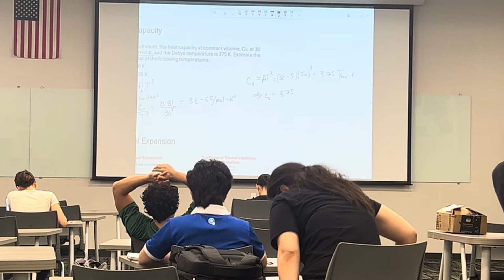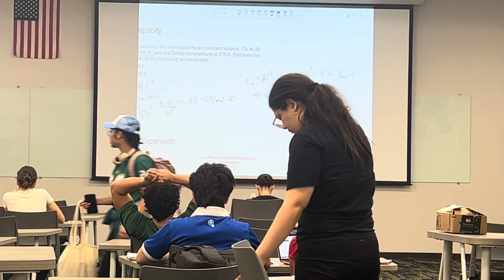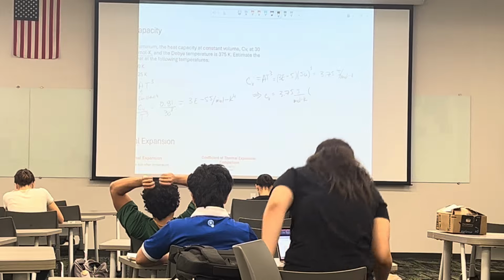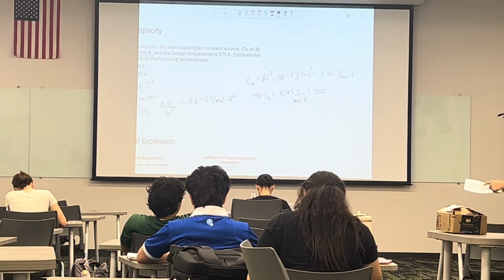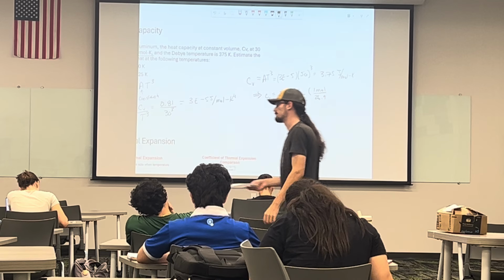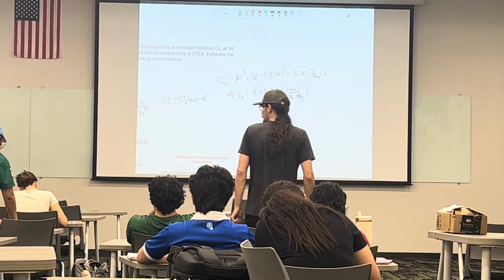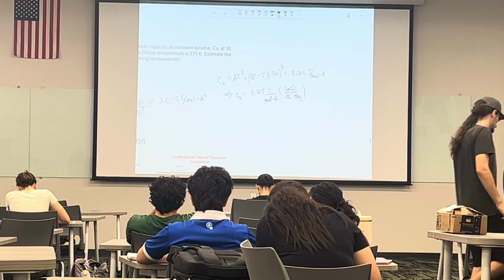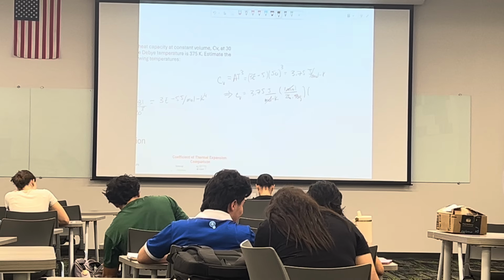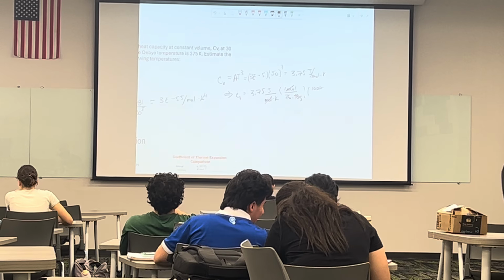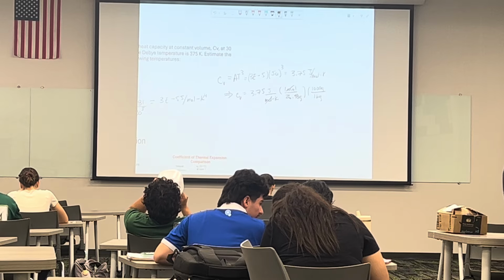So this is 3.75 joule per mole Kelvin. You will first multiply this by 1 mole per 26.98 grams. That's the first conversion factor, so the moles will go away and you'll be left with grams. And then the next conversion factor will just be 1,000 grams divided by 1 kilogram.